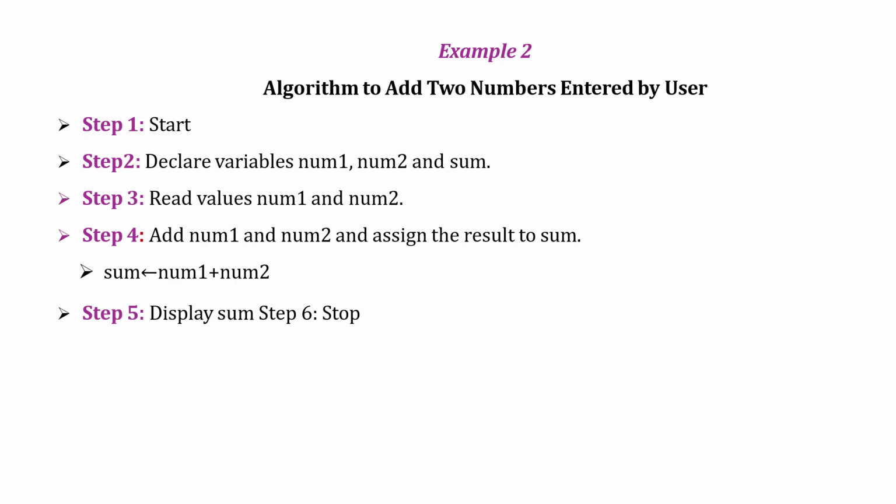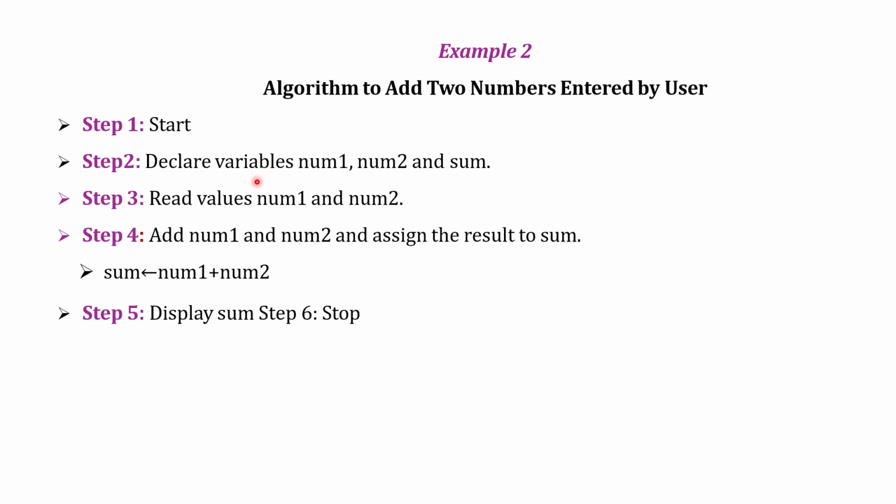Let us see one more example. It's a simple example to add two numbers entered by the user. So this is the given problem. How do we write an algorithm? As I said, the first step is start. Step 2 is, since you need to have two numbers, we declare something called variables.